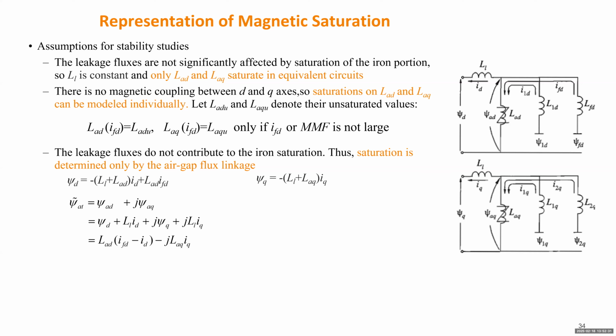So we can make psi AD the real part and psi AQ the imaginary part. And psi AD, psi AQ will be just the flux linkage in the D and Q axis by ignoring the leakage, or you just add the leakage part. So finally, we create this phasor to represent the total magnetic field or total flux linkage in the generator.